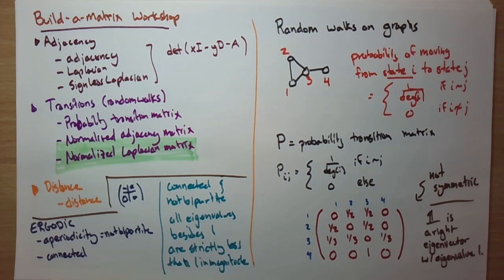So how can you scale by 1 over the degree? By multiplying by something on the left. Something maybe diagonal. D. The matrix D. Well, almost. It's D inverse.